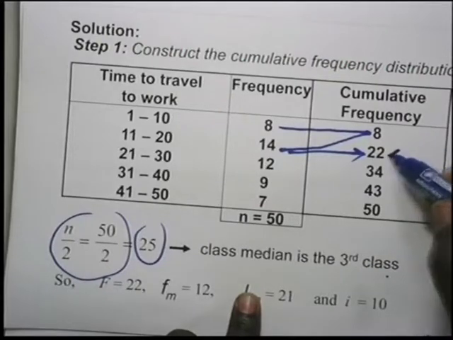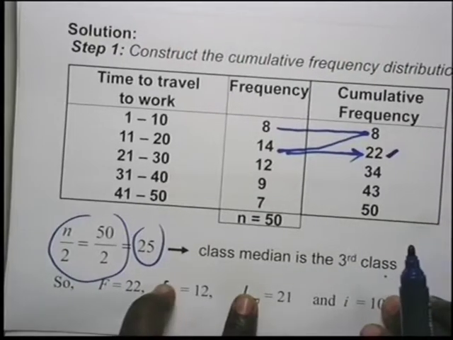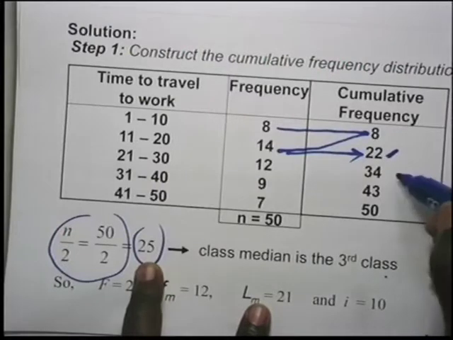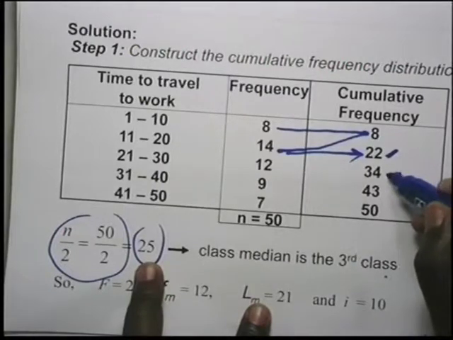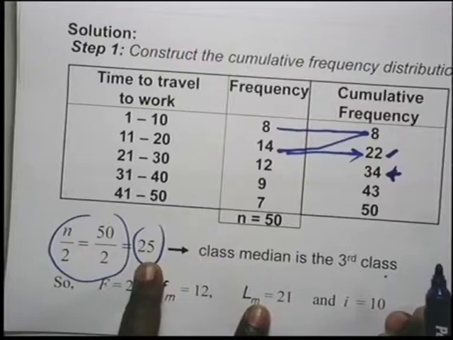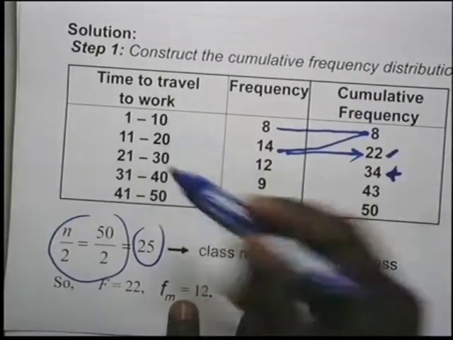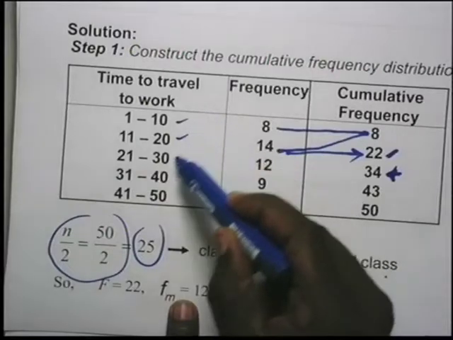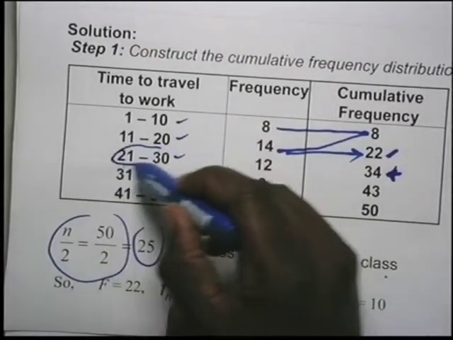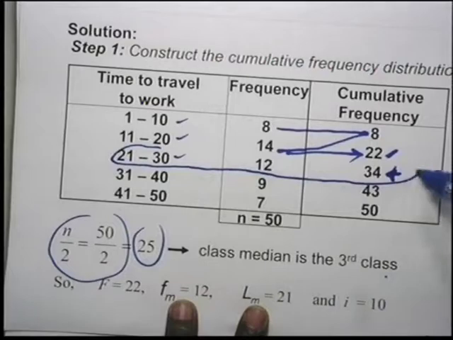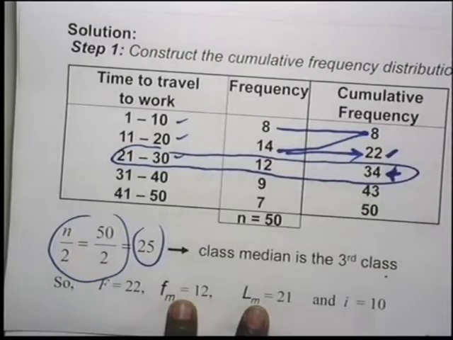If we get to 22 here, we've not reached the number 25. But somewhere here is where we find our median. So it's in the third category. If you count from here, 1, 2, 3. So this is the class where our median is supposed to be.